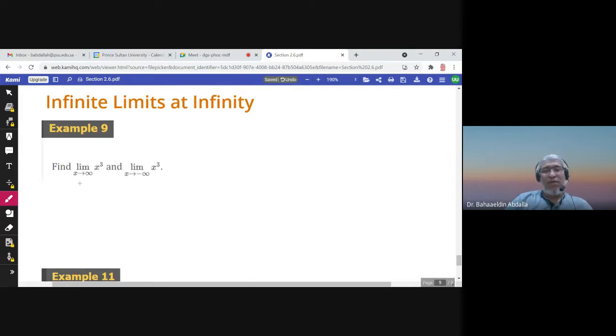What is the limit of x to the power 3 when x approaches infinity? If you sketch the graph of x to the power 3, you will notice that when x approaches infinity, this will go to infinity. You can find it algebraically. If you replace x by infinity, infinity to the power 3 is infinity.